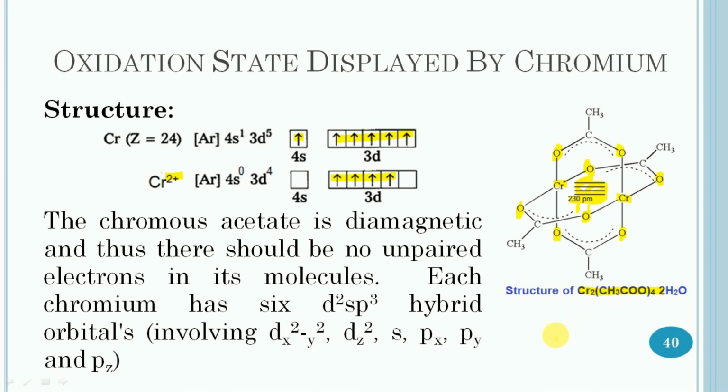Each chromium atom in this case has 6 hybrid orbitals, that is d2sp3 hybridization, and it involves dx2-y2 orbital, dz2 orbital, s orbital, px, py and pz orbitals. So it is all about the structure of chromium 2 acetate monohydrate.